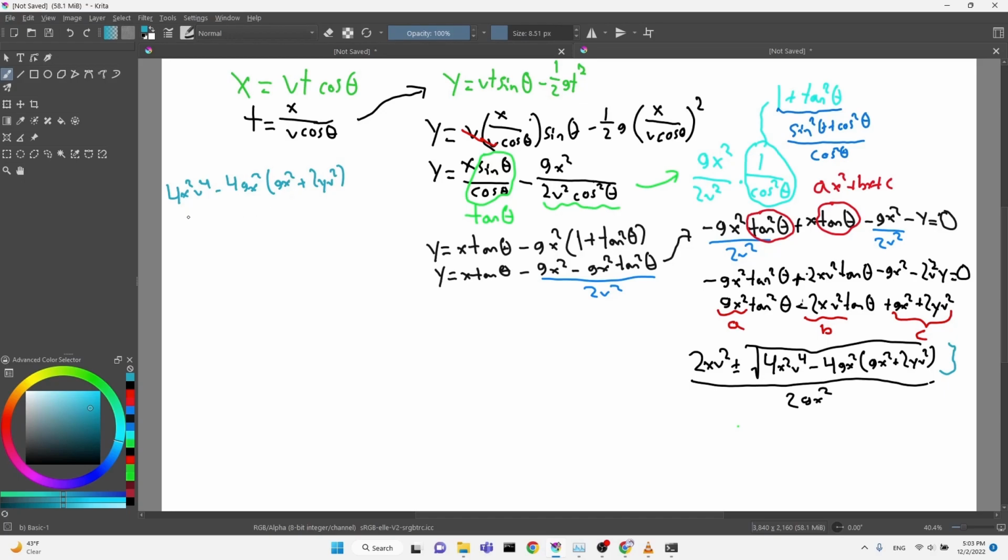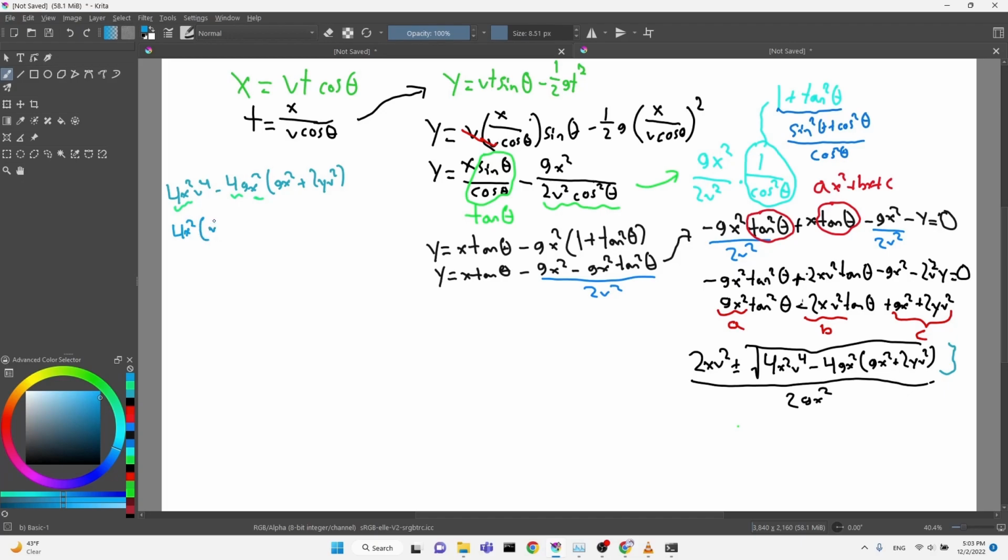So now, there's something you notice. I notice that there's a common GCF. You see it over here? 4x squared, 4x squared. So that means we can factor out 4x squared.